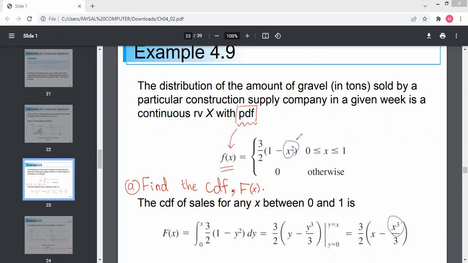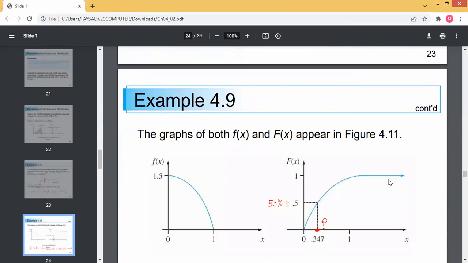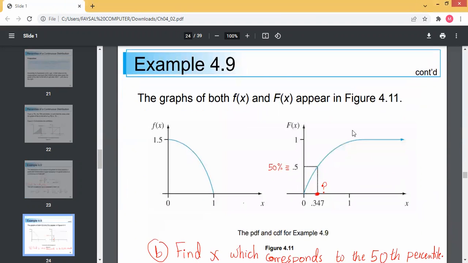So one is the quadratic function, the other is the cubic function. For the square function, it will be like this curve, and for my cubic function, it will be like that.